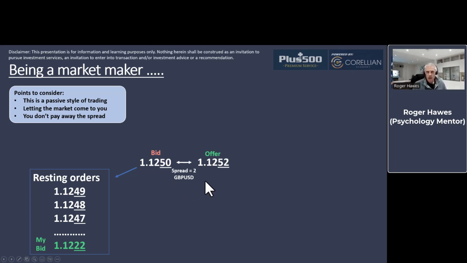Similarly, on the right-hand side is another market maker potentially who's willing to sell at 52. And in between there, we have a 2-pip spread. That's important because that's something we either choose to try and retain if we're in a passive mode, or we're willing to pay away if we move more into an aggressive mode.